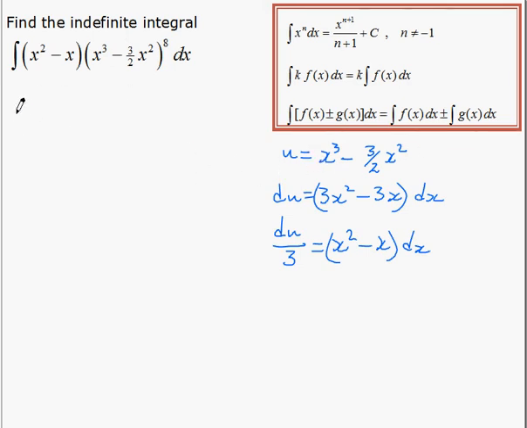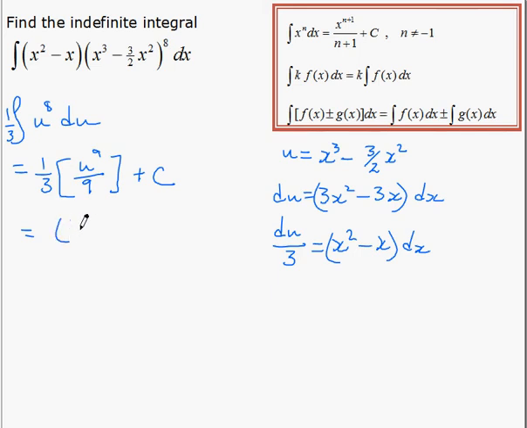Here's u, and we end up with 1/3 from the over 3 times the integral of u to the 8 du, which is 1/3 u to the 9 over 9 plus c.